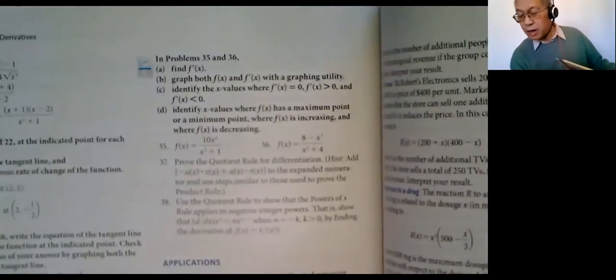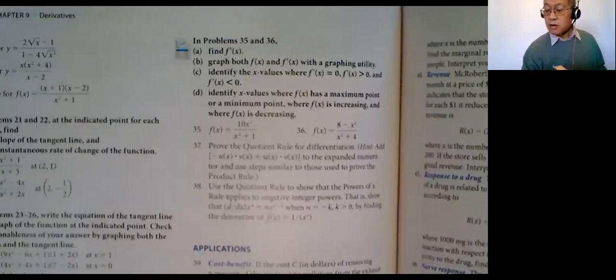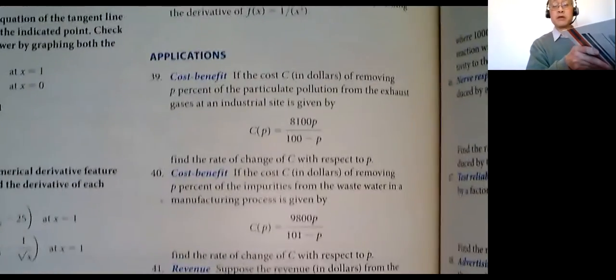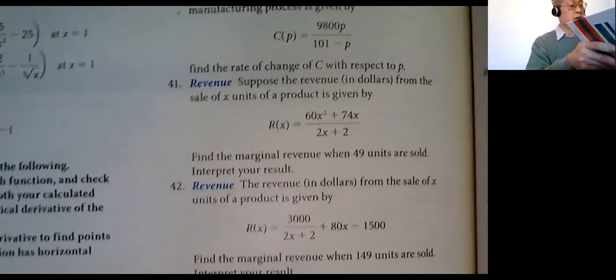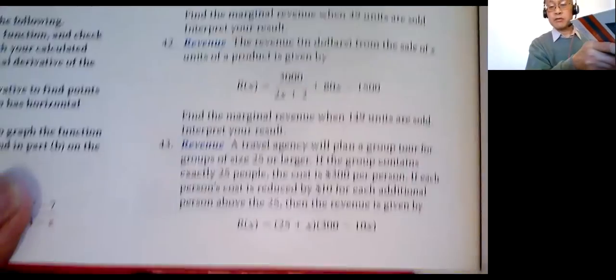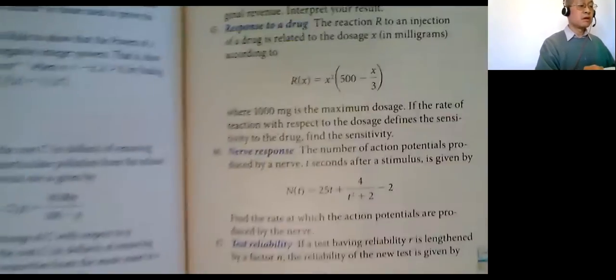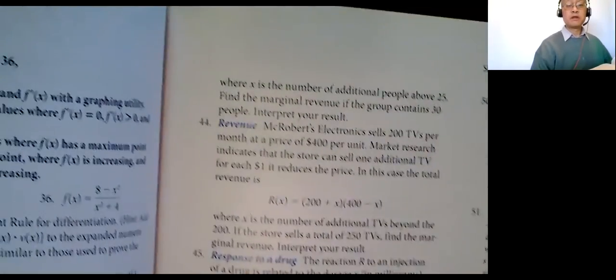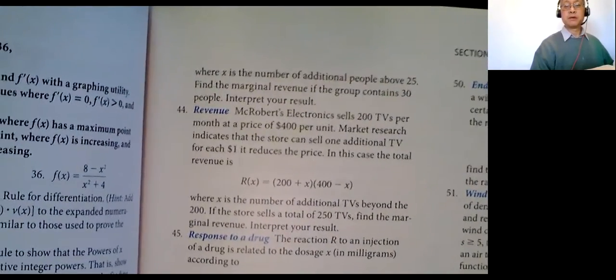And let's see, how far do we have to go again? 43. So we have 39 and 43. I'll just show you 39. There's 39, looks like a little mini word problem. And 43, something about revenue. And 40, yeah, it continues over there. So there we go.